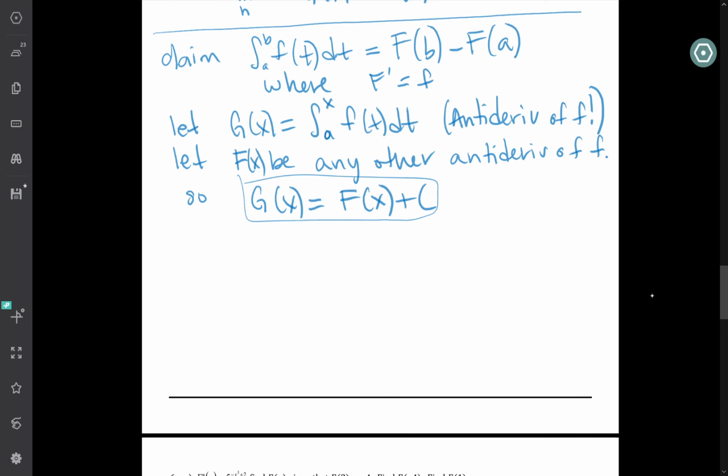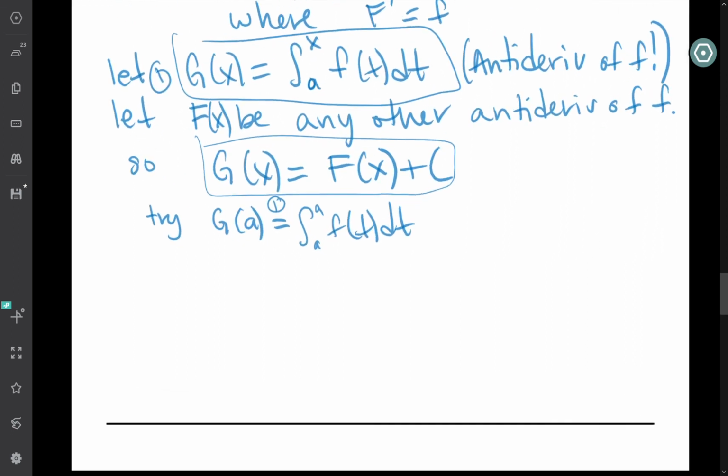So for example, if we plug a into g of x, using the first definition, number 1, we know that that's the same as the integral from a to a of f of t dt, which we know automatically is 0. We also know from number 2 that g of a is equal to F of a plus c.